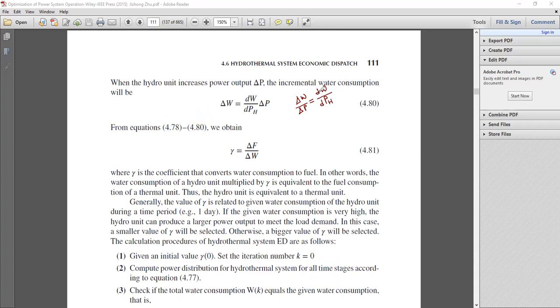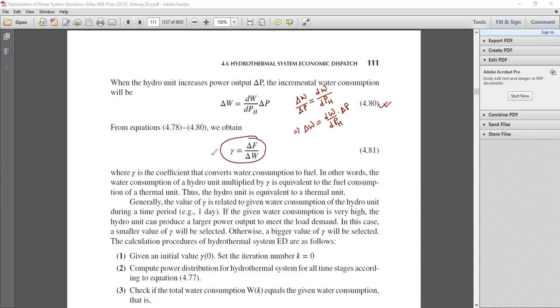So we are replacing d by some small incremental variable del, and then del w can be written as this. So using equation 4.79 and 4.80, we can get this relationship quite easily.